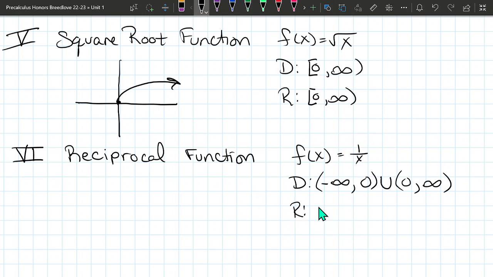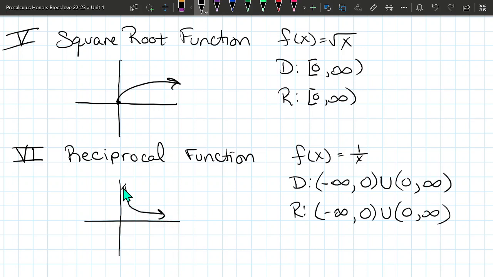And the range is the same because of the horizontal asymptote at 0. All right, so it looks something like this. So there's the reciprocal function.